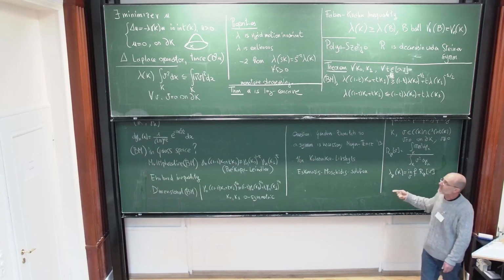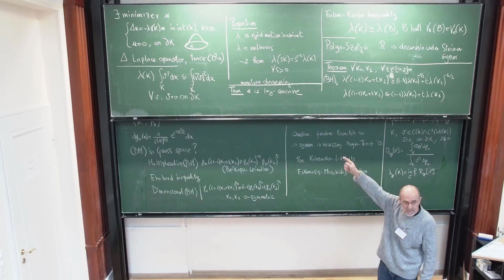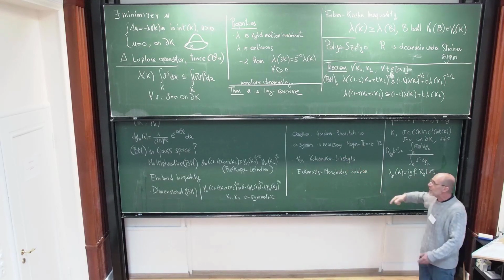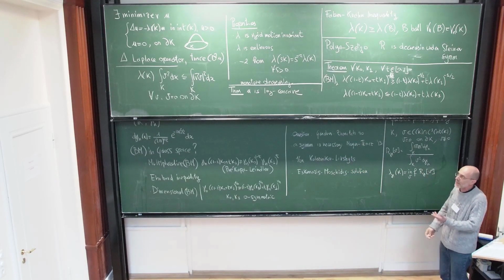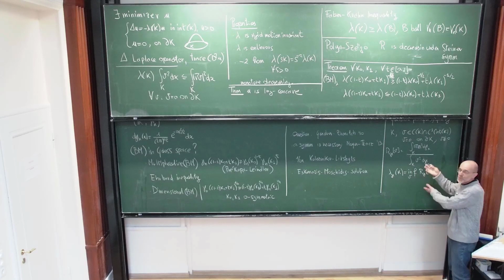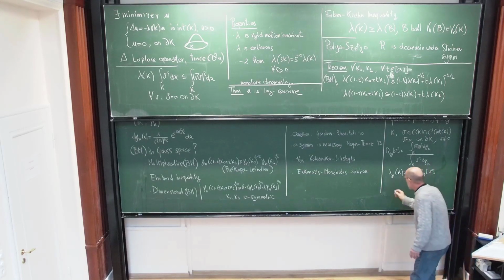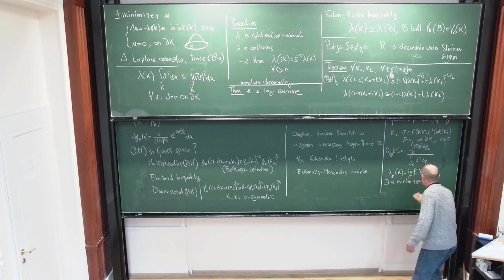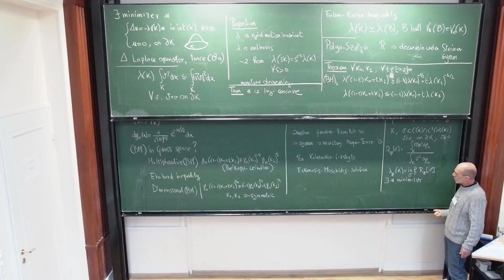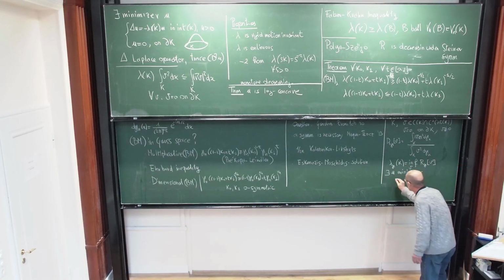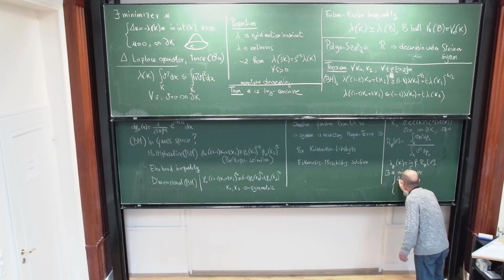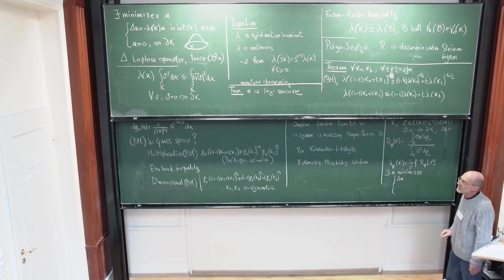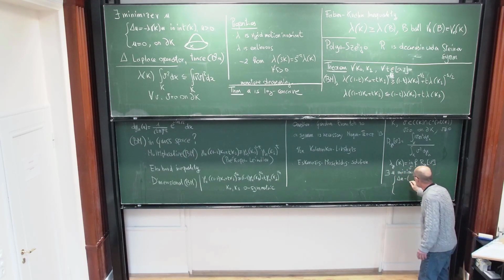Again, there is a minimizer, but now the minimizer verifies a different differential equation because the measure is different. So there exists a minimizer. I will write the problem here. So now the operator is not just the Laplacian, but is the Laplacian minus this first order term.